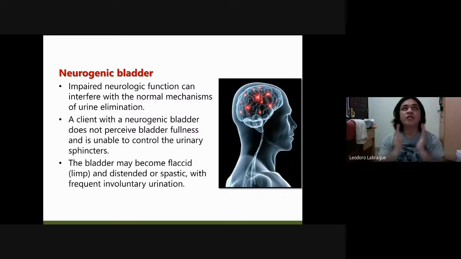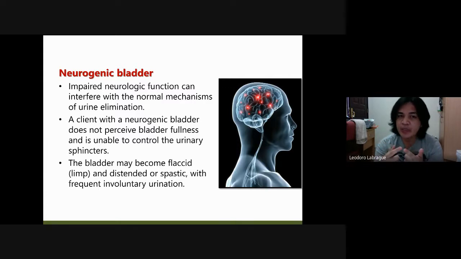Now, another important urinary problem is neurogenic bladder. As I mentioned earlier, the brain is very important. Why? Because the brain and the spinal cord control urination. Correct. Now, how does neurogenic bladder occur?